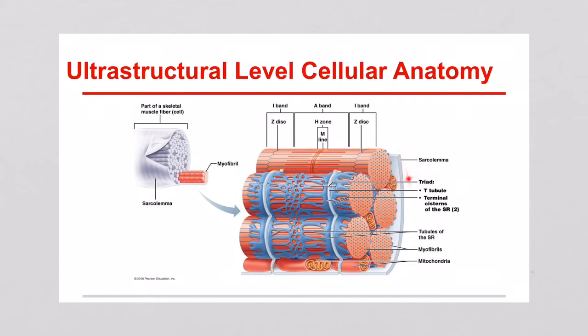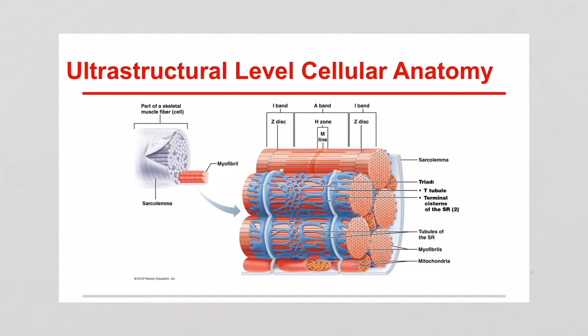Now the sarcolemma is the cell membrane, and this cell membrane is similar to the cell membrane of a neuron in that it can carry an action potential. It's a slightly different action potential than what we saw in neurons, but there's many similarities. When that action potential reaches this area, called the T-tubule, the action potential is carried down into the muscle fiber.